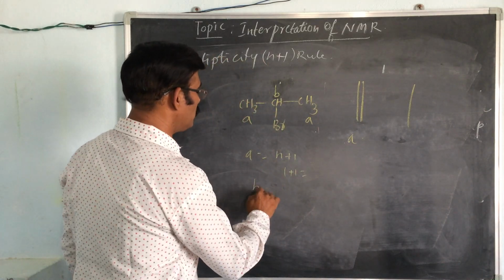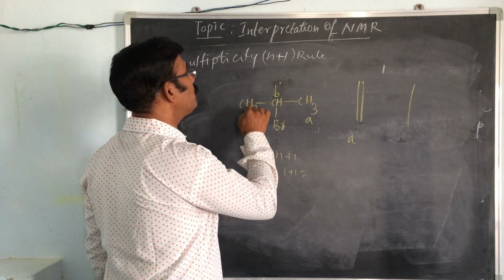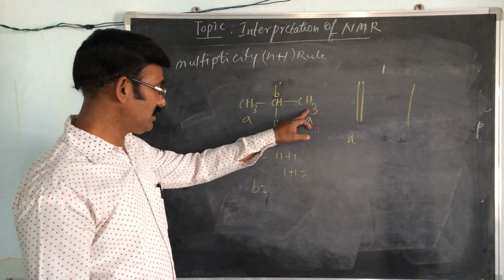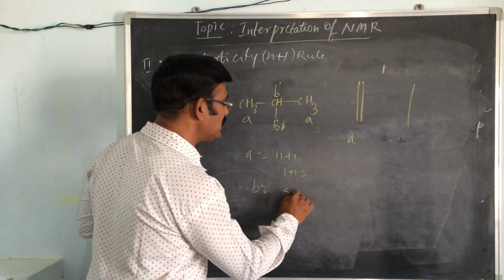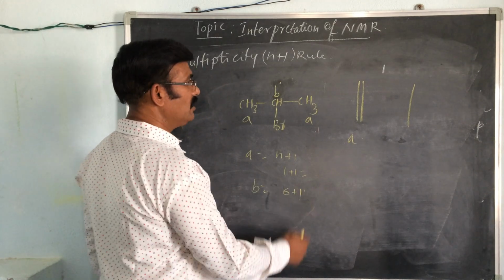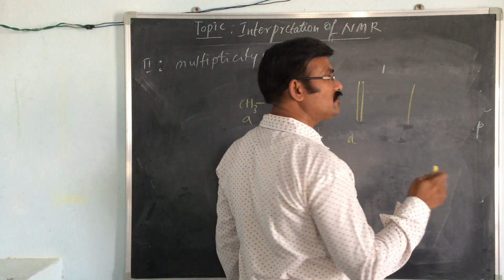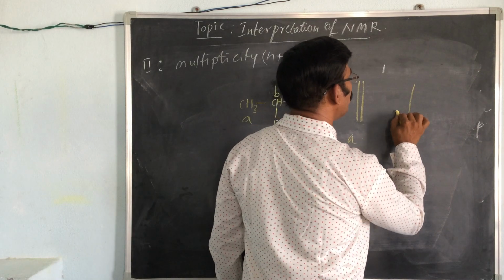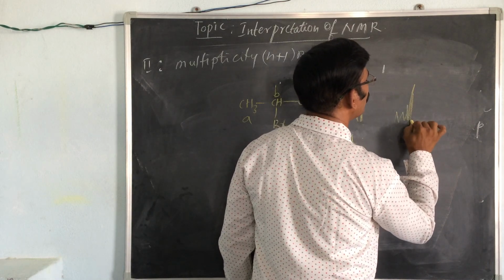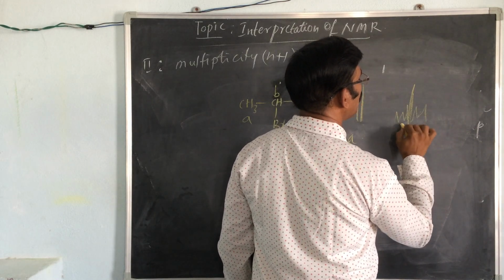And B is equal to what? How many neighboring groups are there? Here 3 is there, here 3. 6 plus 1, so 7. So 7 will come, 1, 2, 3, 6, 7, so small multiplicity will come like this.